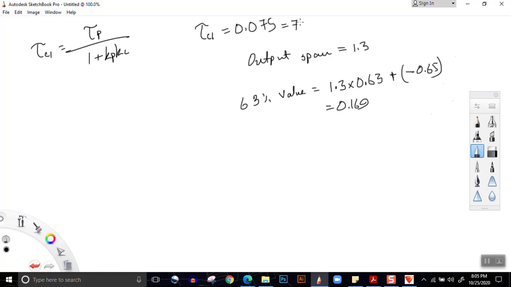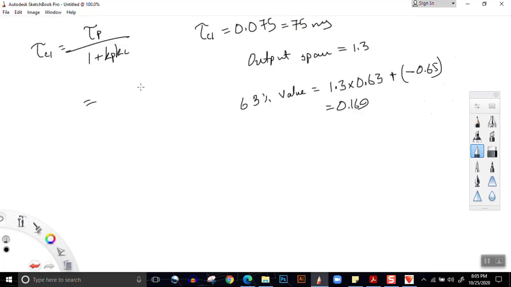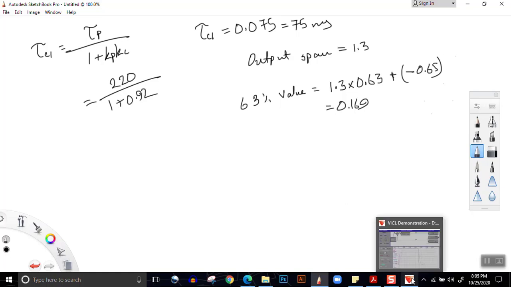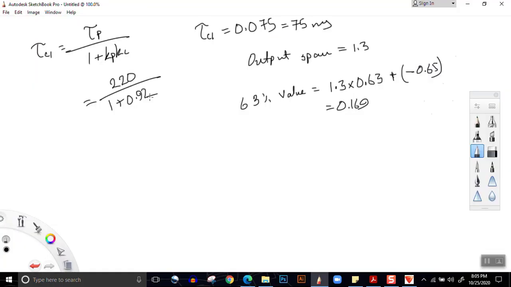That is 75 milliseconds. What is the tau CL theoretical? If you look at our time constant here, the time constant is 220 milliseconds. So our numerator here will have 220, divided by 1 plus the value of Kp, which is 0.92, if I am not wrong. I need to check again. The value of Kp is 0.92, and the last thing is Kc.